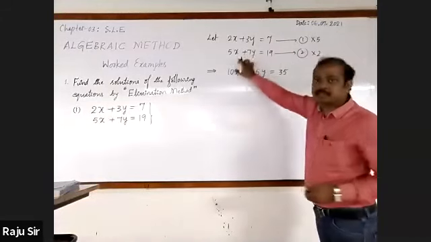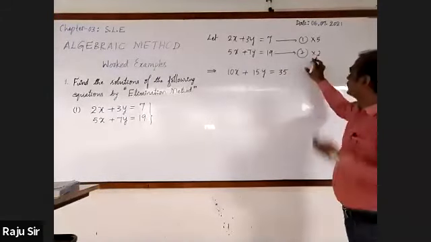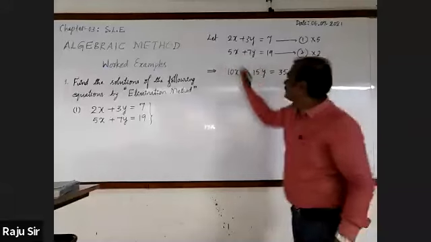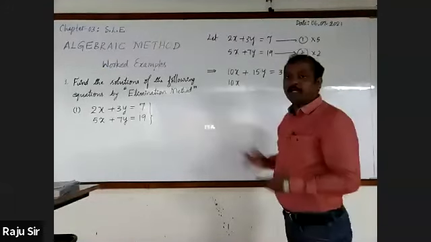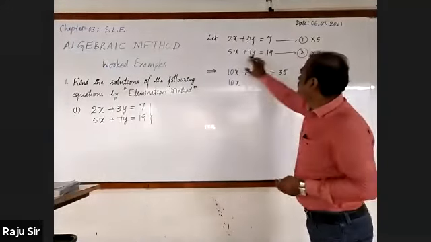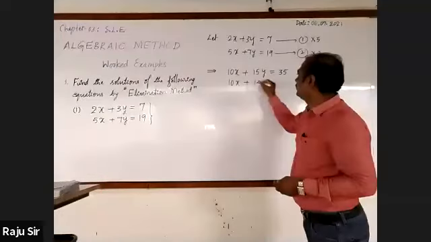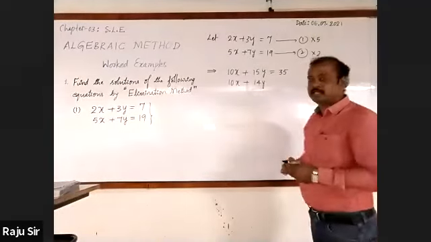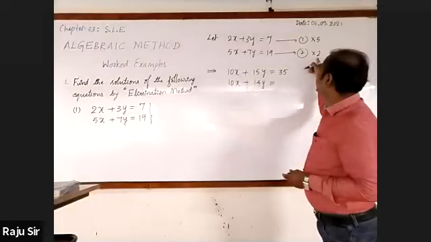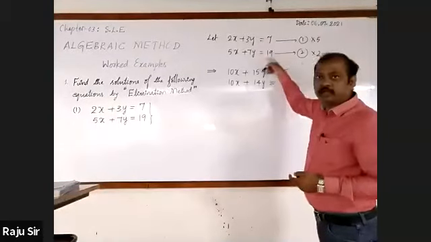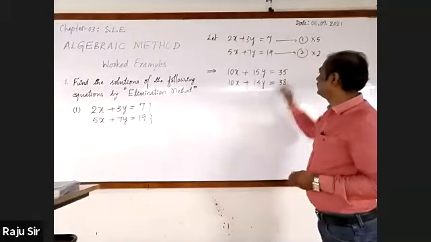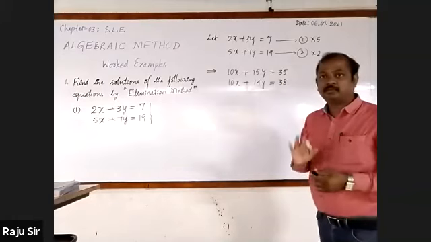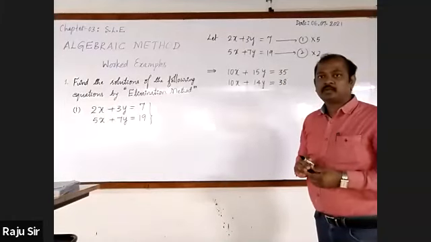Similarly, let us multiply the second equation by 2. 2 5s are 10 into x, 10x. Next, 2 7s are 14 into y. It is equal to 2 19s are 38. Right? Followed?